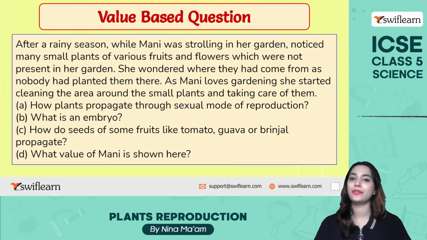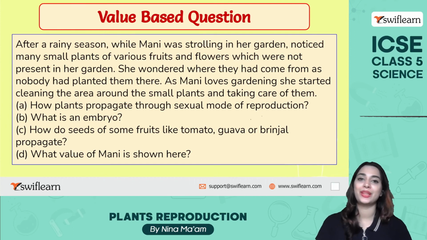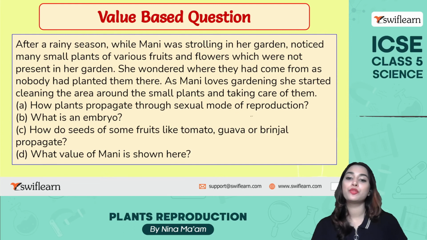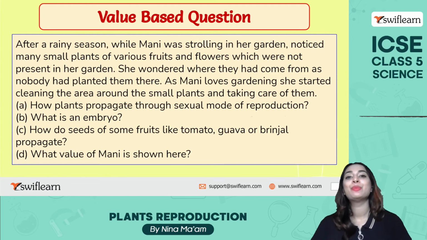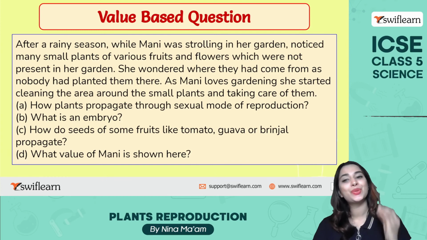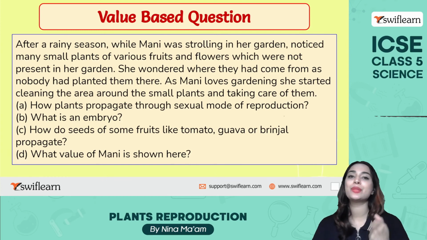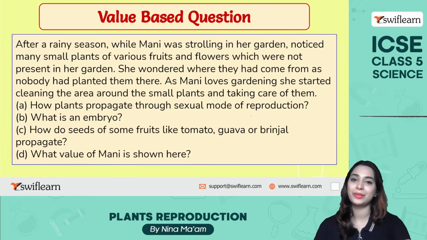Through animal feces, after the animals consume them. And what value of Money is shown here? What is the value of Money? Yes, she's inquisitive and she loves mother nature. So be like Money, love mother nature and take care of the plants and our environment.